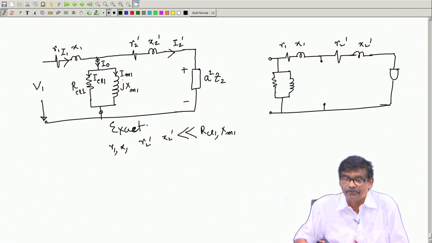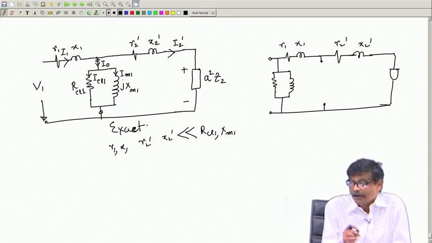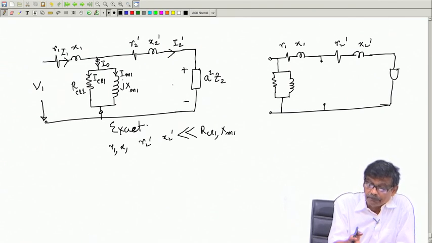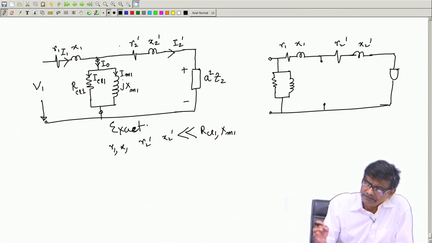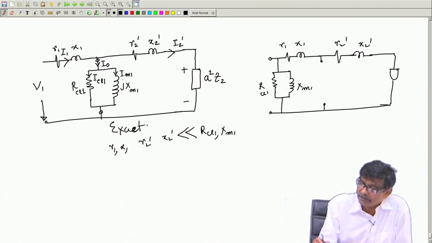For a well designed transformer, I will presume that whoever has designed this transformer must have kept in mind that core loss should be made as small as possible, magnetizing current should be made as small as possible, which indirectly means that R C L 1 is high and X M 1 is high. If that be the case, this being smaller, you forget about this branch and show it on this side, just bring that branch forward.